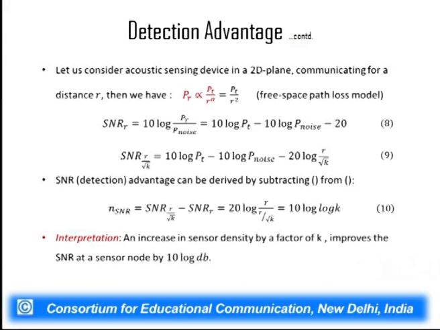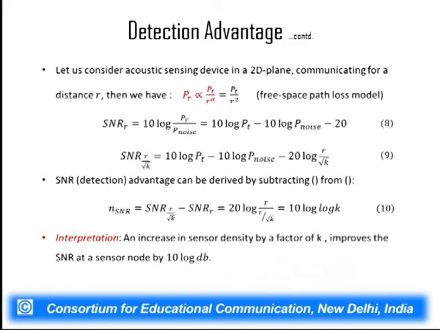Here the communication distance is R, the communication radius, and according to the free space path loss model, PR is proportional to PT by R^alpha, and if we take alpha as 2, considering free space, PR is proportional to PT by R square.